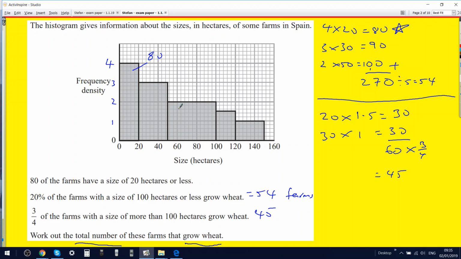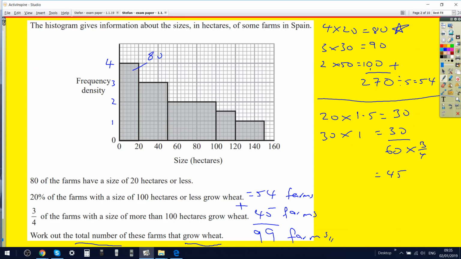So 54 farms, less than 100 hectares, grow wheat. 45 farms above 100 hectares grow wheat. And now we want the total number of farms that grow wheat. So is it just 54 plus 45? Yep. And so 90, 99. Yeah. Got it. Any questions there? No. Okay, so you're good for histograms.